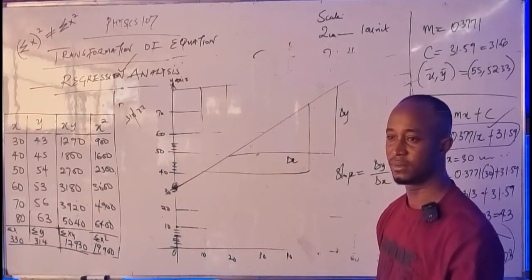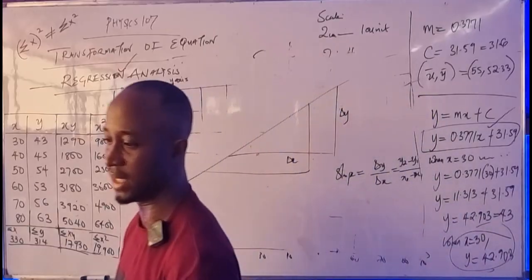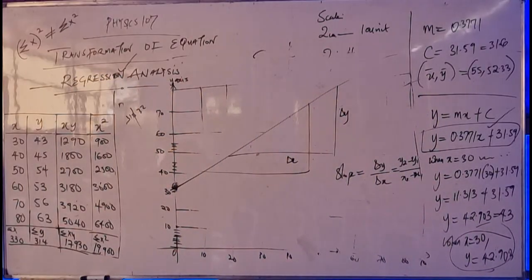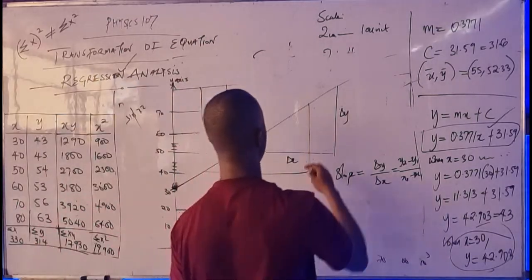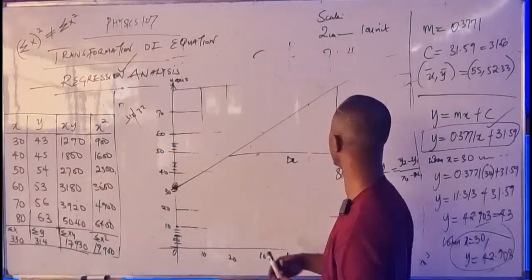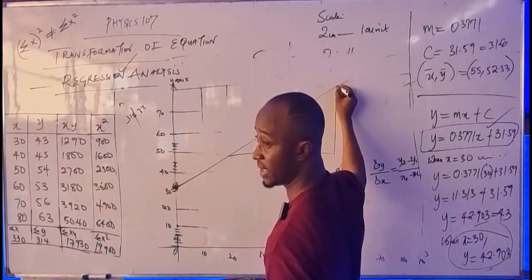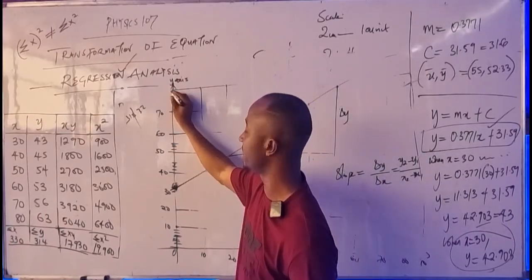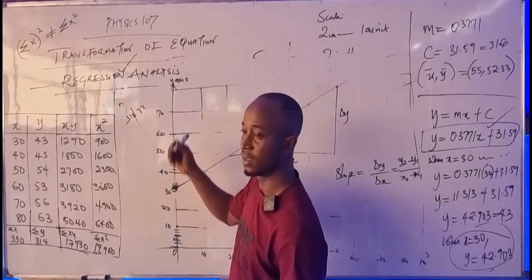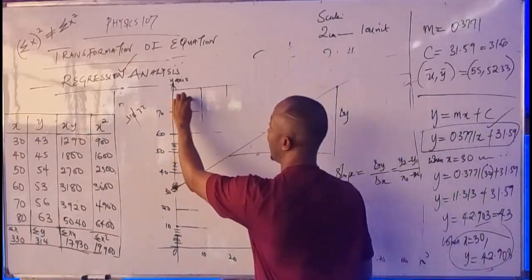Have you done your slope? Yeah, just write it here and solve it here. Let's choose this point here. Locate the value of Y here. Use your ruler and trace down to your Y axis.